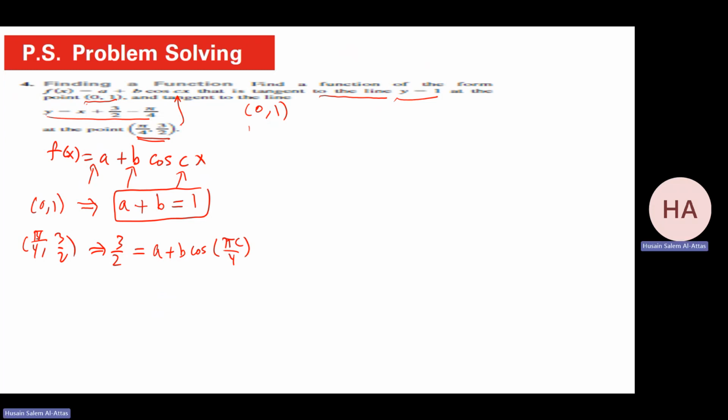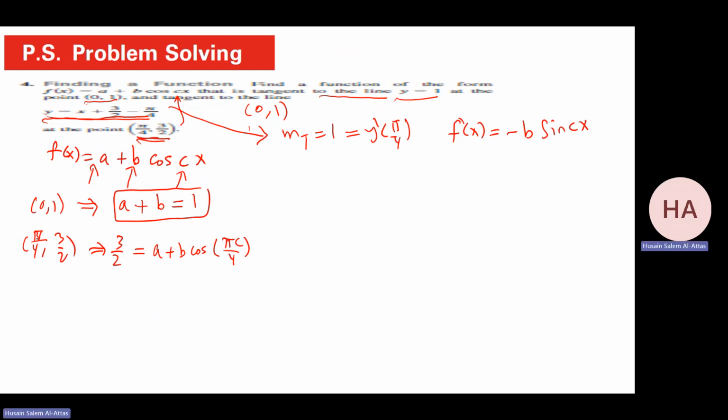I have this line, which means y prime, which means the slope. This line is tangent to the curve at this point. So I have m tangent, which is 1, equal to y prime at pi over 4. What is y prime? f prime of x is minus b sine cx.